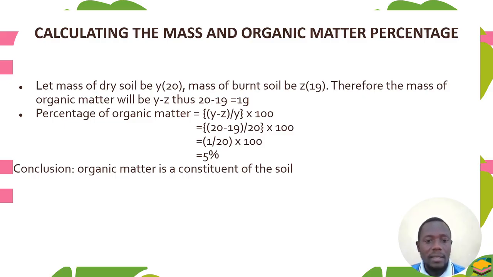If you substitute, it will be 20 minus 19 divided by 20 times 100. 20 minus 19 is 1, the mass of organic matter, divided by 20, the total mass of dry soil, multiplied by 100.